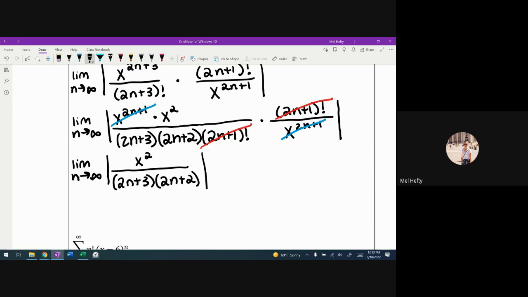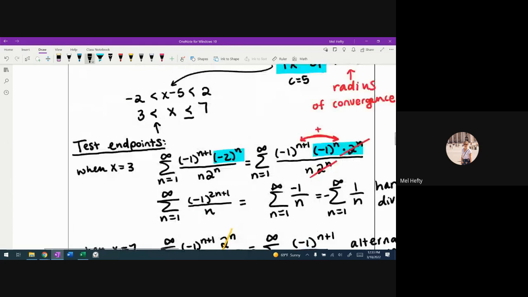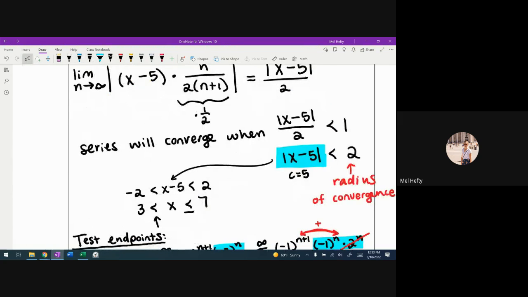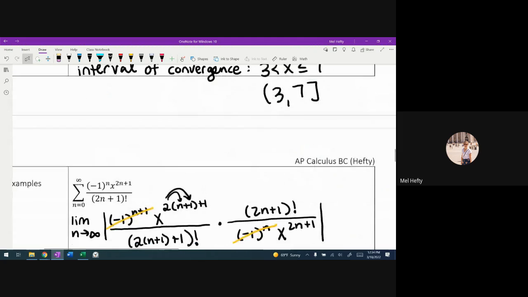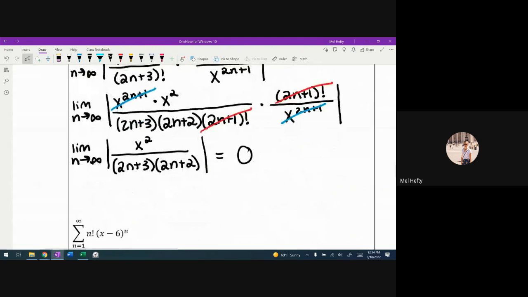This limit goes to 0. Now, the reason this question is going to be easier than the last question is there's no x's left over. There's not going to be a way for me to create an interval of convergence like I did here. So this is like the ratio tests we've done before.